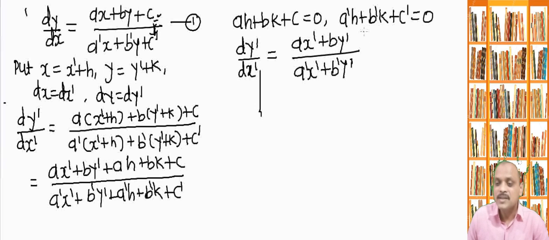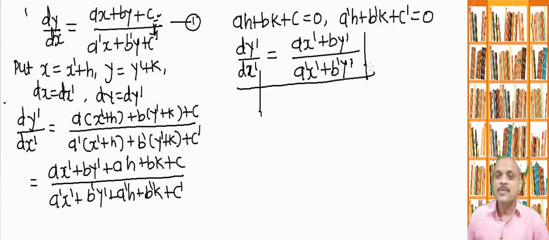Now look at this equation, friends. Here we do not have constant terms and the degree of each term is the same. So we arrive at a homogeneous equation, and we can apply the method of homogeneous equations to solve it.